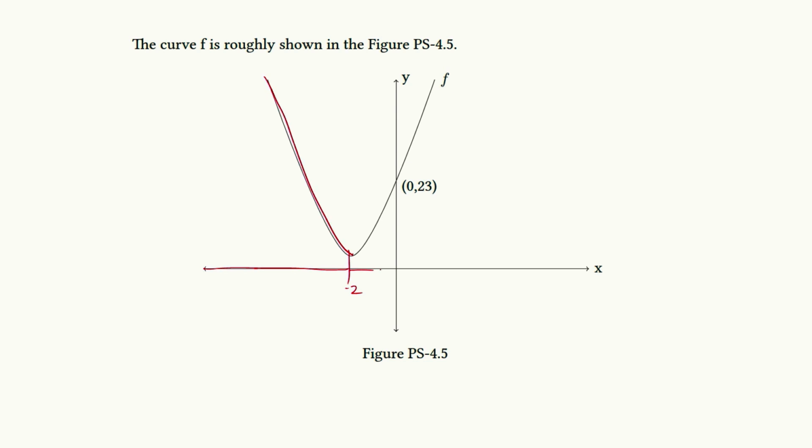And from minus 2 to infinity, the value of f of x is increasing. Also, the curve intersects the y-axis at 0, 23 because when x is equals to 0, we have given that f of 0 is 23. So this is some sort of rough diagram.